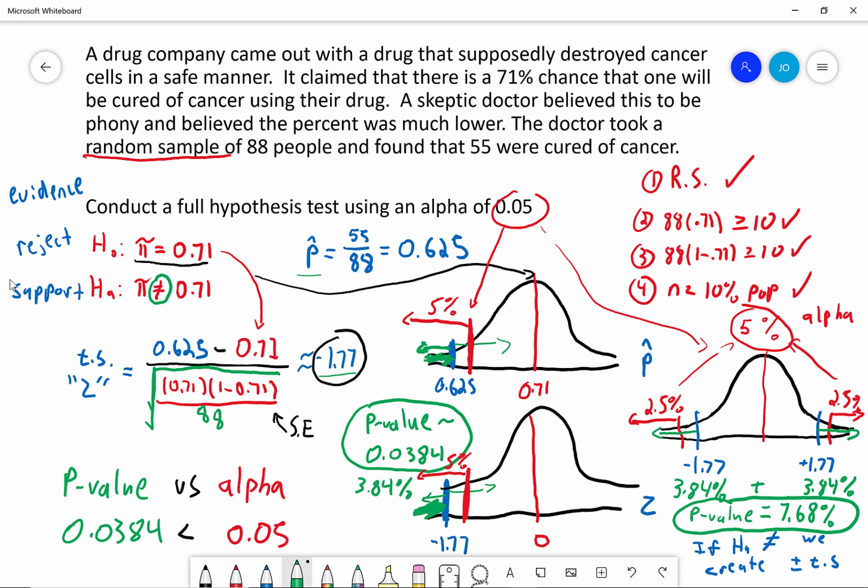And now we'll find that our p-value, 7.68%, is greater than alpha.